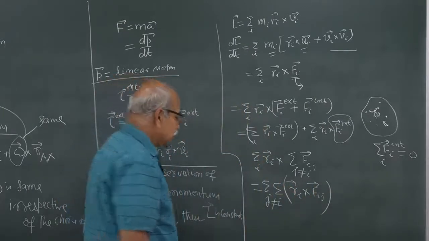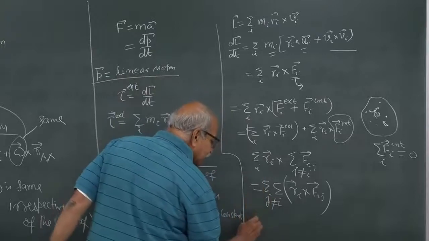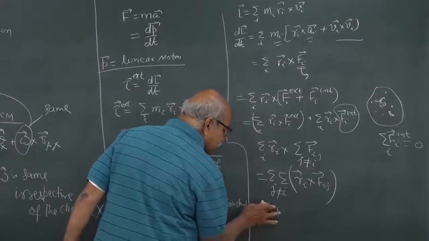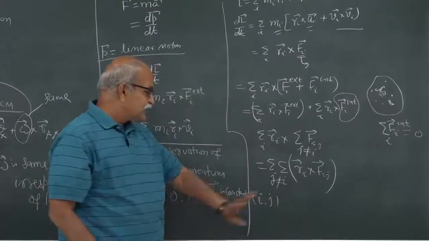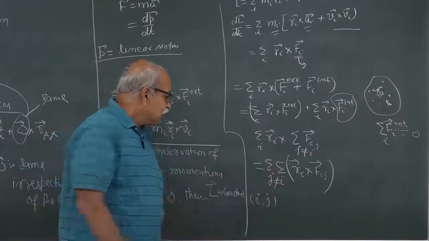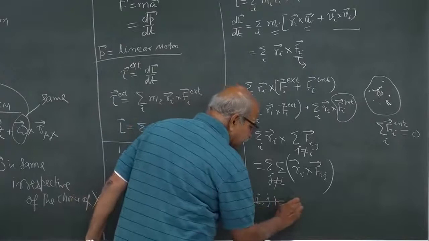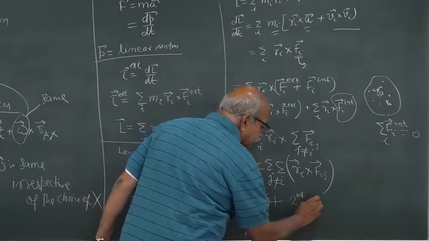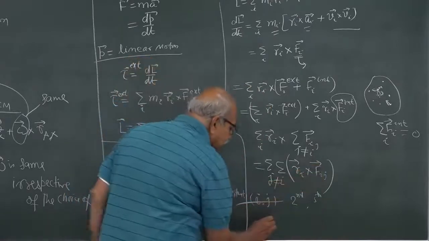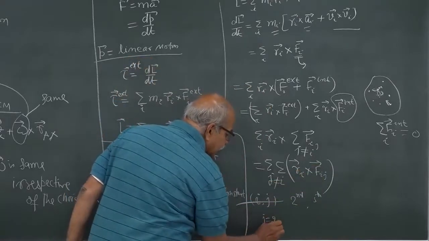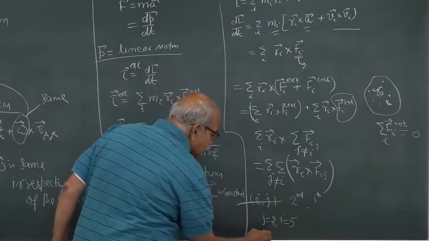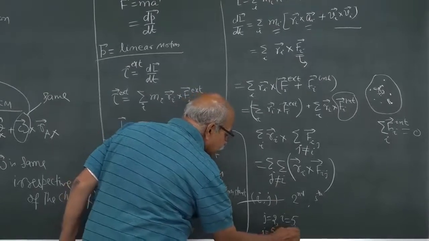Now consider one particular pair, ith particle and jth particle. Let's be more specific. Suppose I am talking of the second particle and the fifth particle. Somewhere in this whole sum I will get j equal to 2 and i equal to 5, and somewhere in this I will get j equal to 5 and i equal to 2.